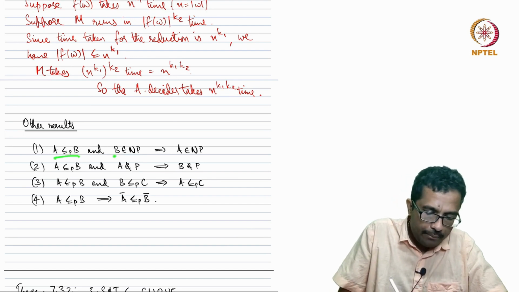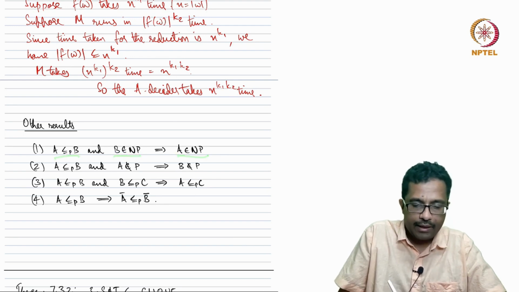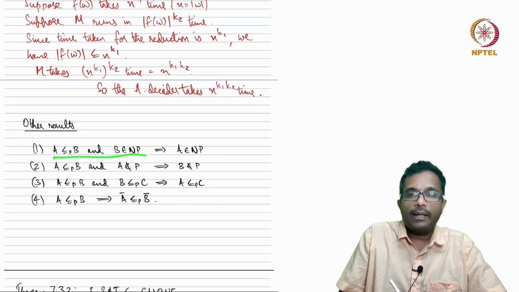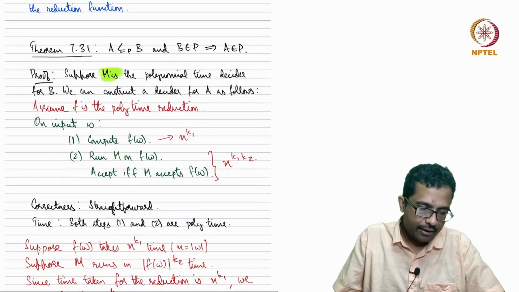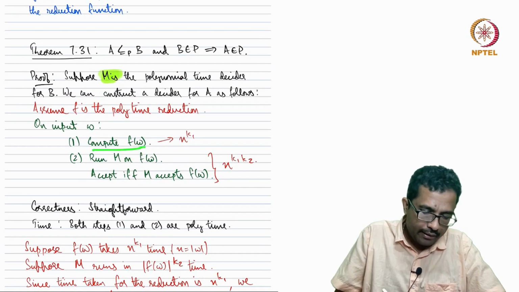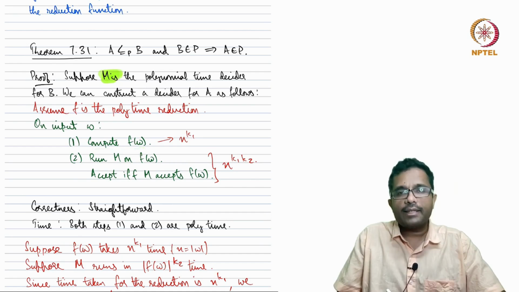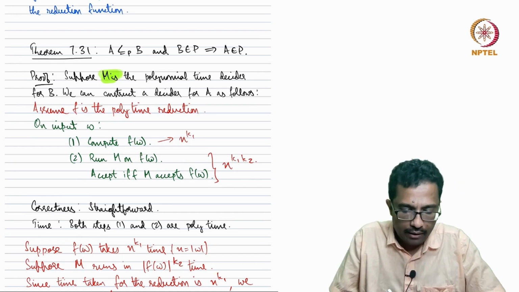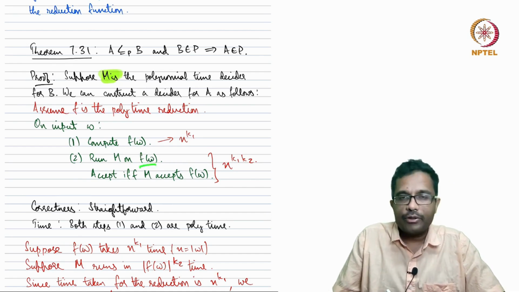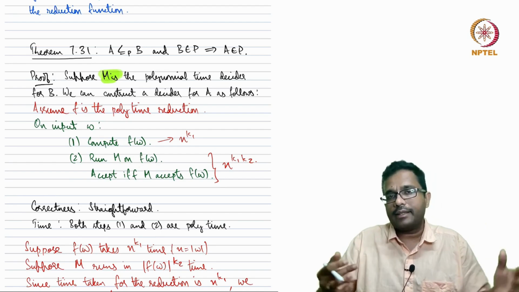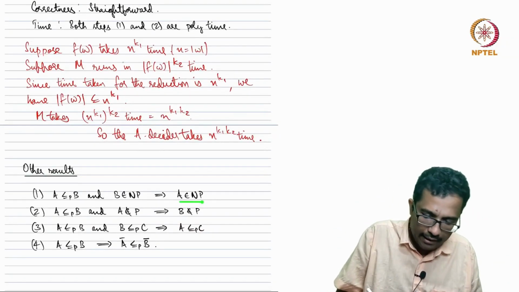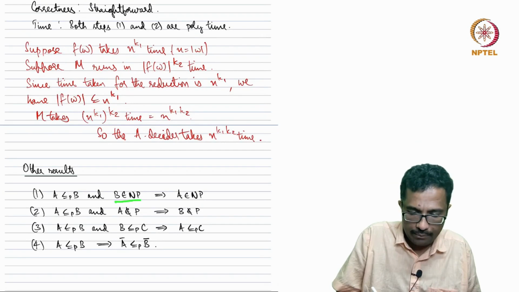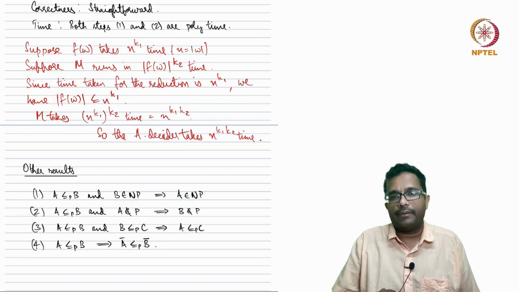So basically these two together imply an NP decider for A, which is straightforward by the same process. We compute the reduction and then run the non-deterministic decider for B on the reduced instance. So together they get a non-deterministic decider for A. So the claim is that A is in NP.